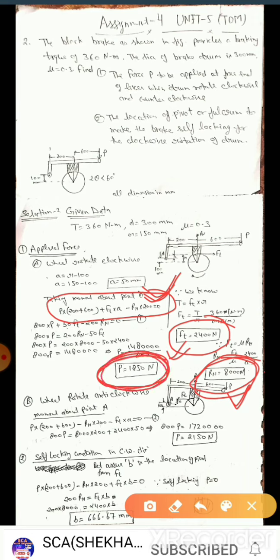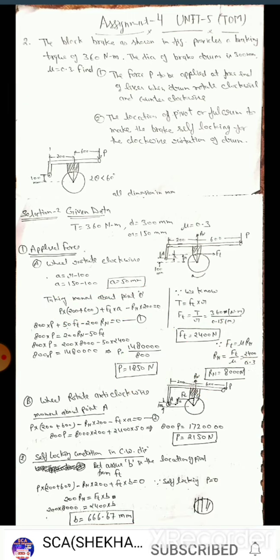Please check all calculations yourself. This is the exact value of P, equal to 1850 Newton, when the wheel rotates in the clockwise direction.